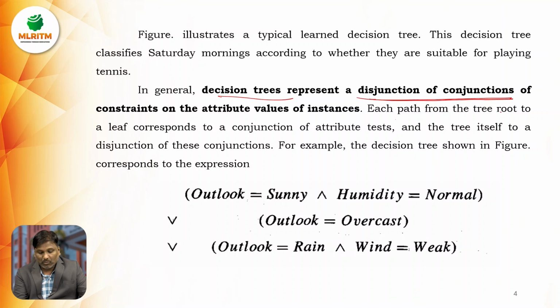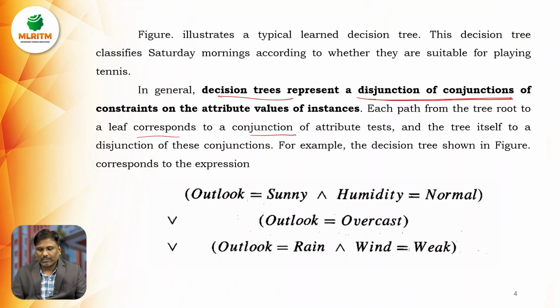Each path from the root node to the leaf corresponds to a conjunction of attribute tests, and the tree itself is a disjunction of these conjunctions. So here it clearly tells us about the disjunction of conjunctions of the constraints on the attribute values of instances.